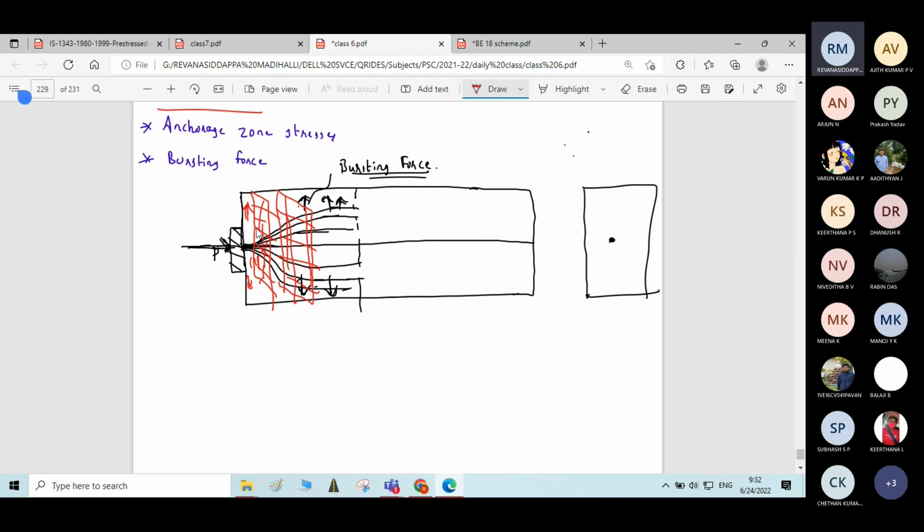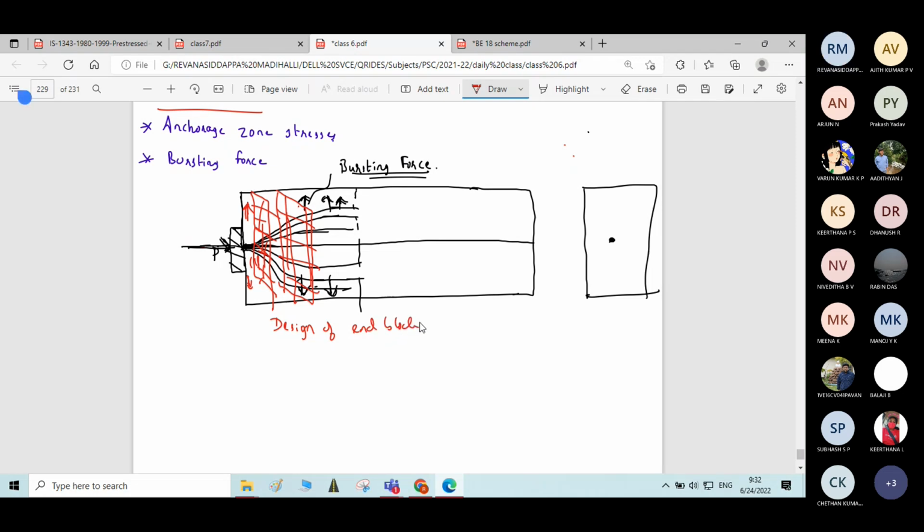We have to provide reinforcement, meaning we will provide vertical steel mesh in this particular zone. So designing this steel at this anchorage zone block is called design of end block.